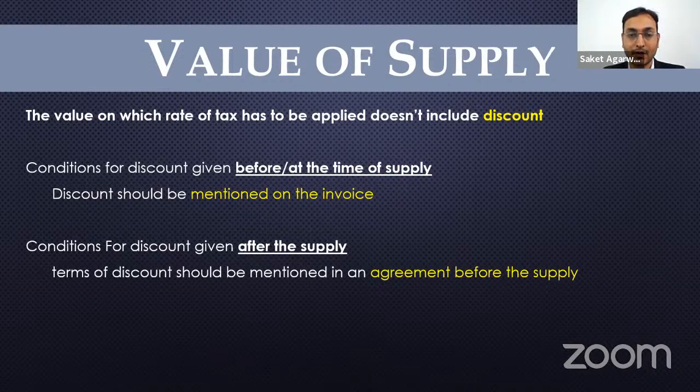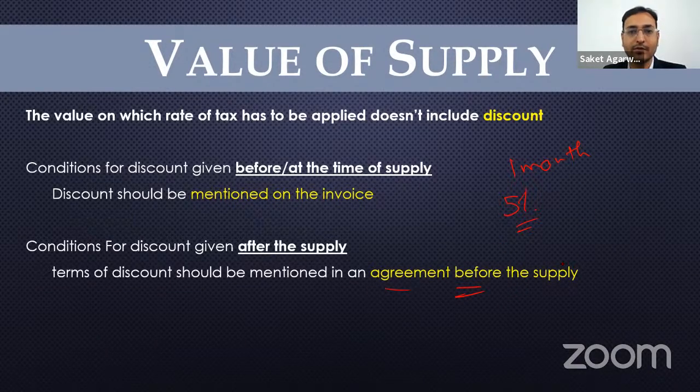Let's say your offer is that if you pay within 1 month, the seller is saying, I will give you 5% discount. Okay, no problem. But make sure that these conditions were recorded in writing at the time of sale itself, before the sale. There should have been agreement before the sale.